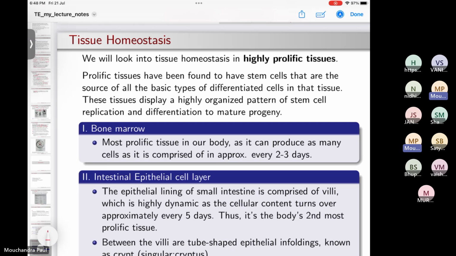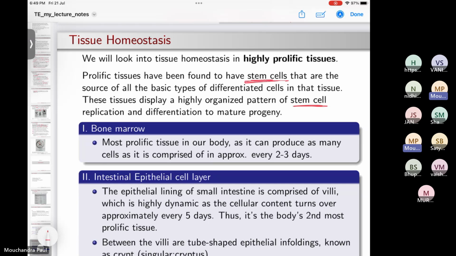Some of you are already familiar with the term stem cells. These prolific tissues are able to produce this many cells at a very high rate because they contain stem cells.